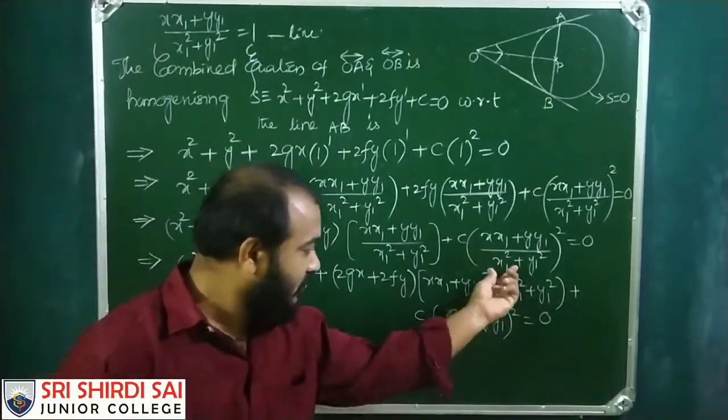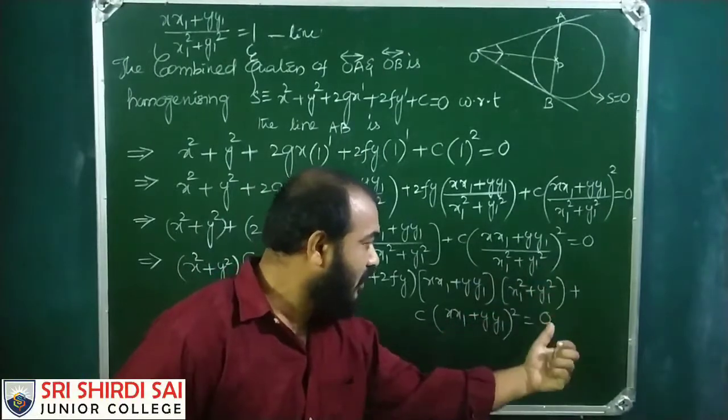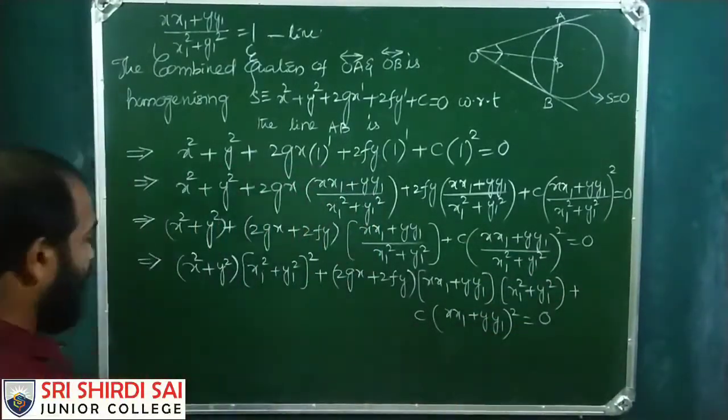I have taken x1 square plus y1 square whole square as an LCM.